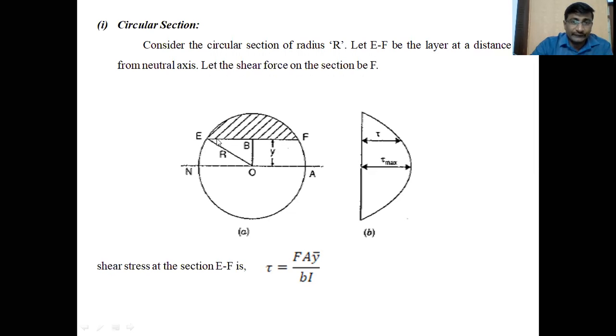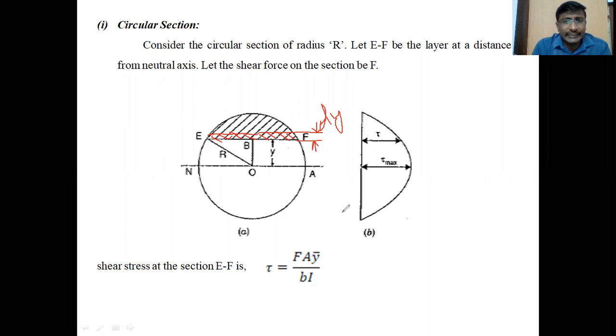That's why we consider a small strip here, of thickness dy, at a distance of y from the neutral axis. Whenever the area is unsymmetric, we can assume a small area and, by integrating it, get the whole area.